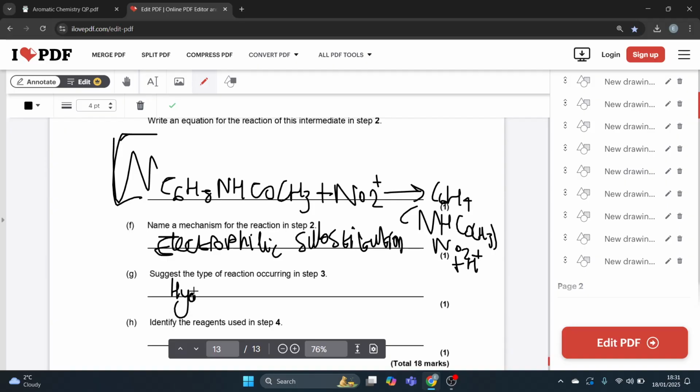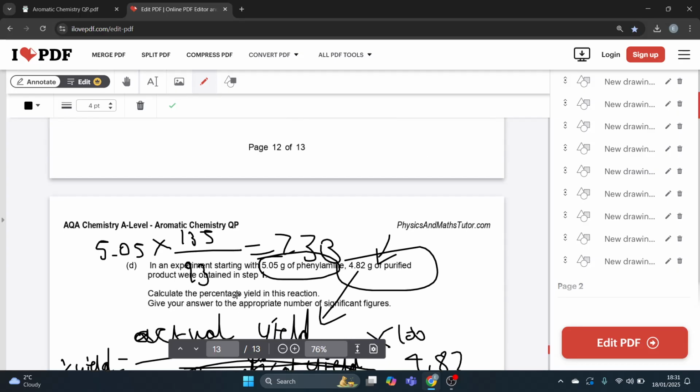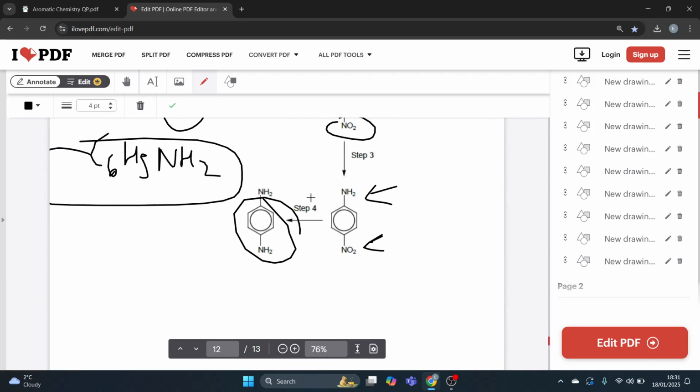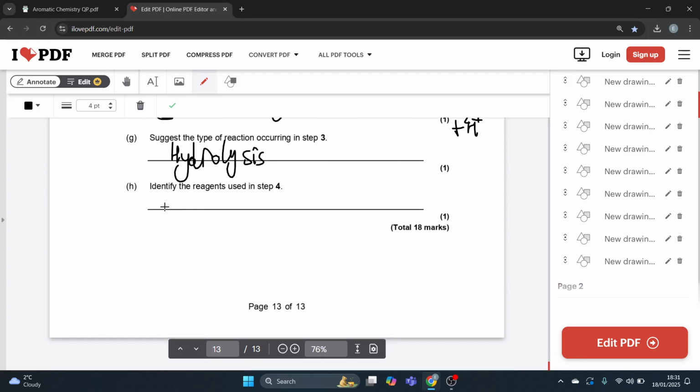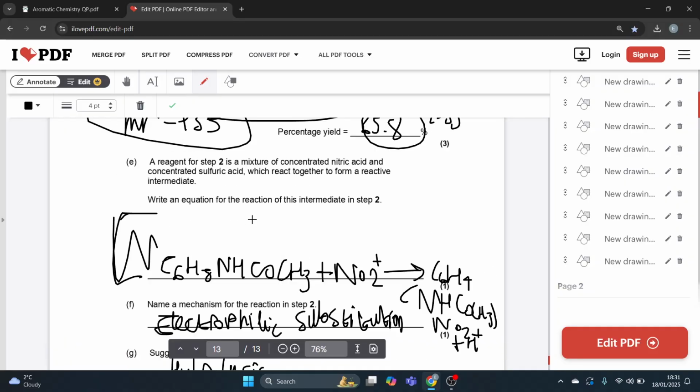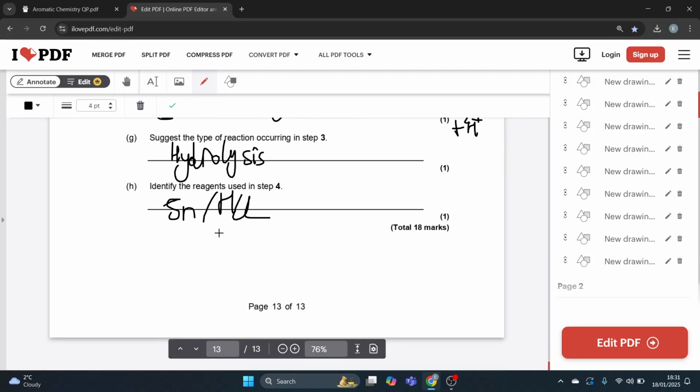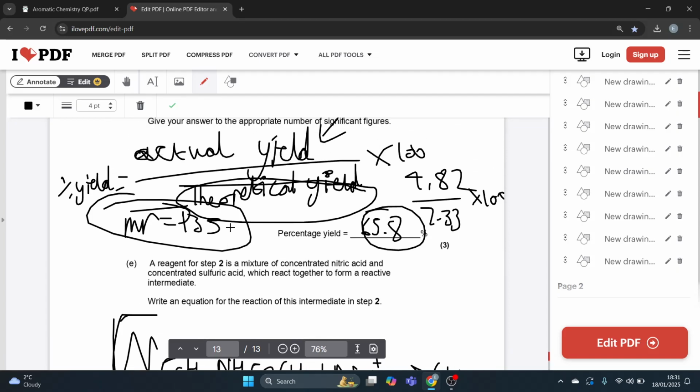And the reagents used in step 4, NO2 to NH2. So I'm using that, or I can say HCl. And that is the end of the aromatic chemistry question paper.